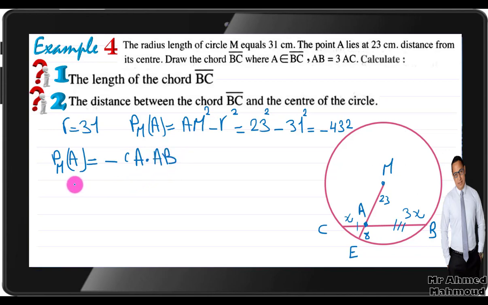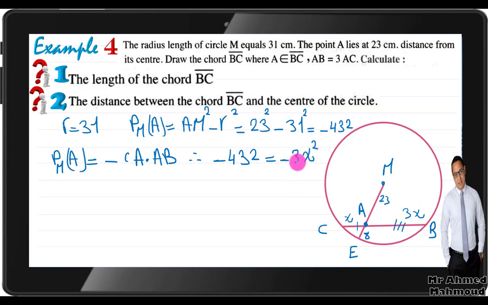Okay, therefore negative 432 equals negative, CA is x and AB is 3x. X times 3x equals 3x power of 2.